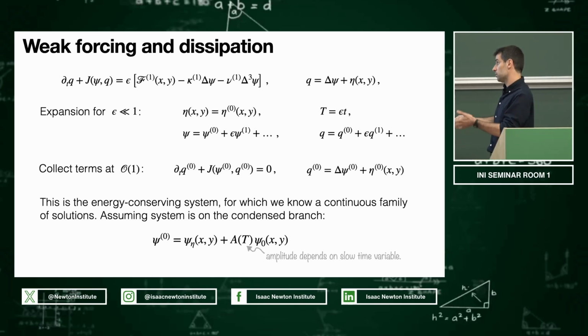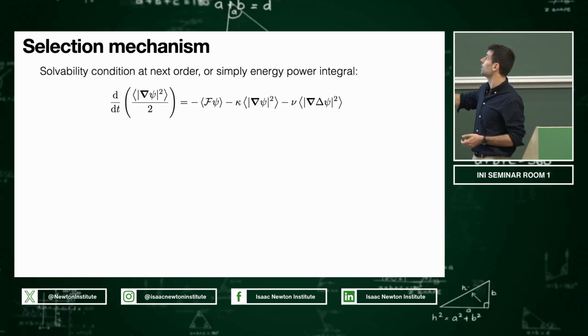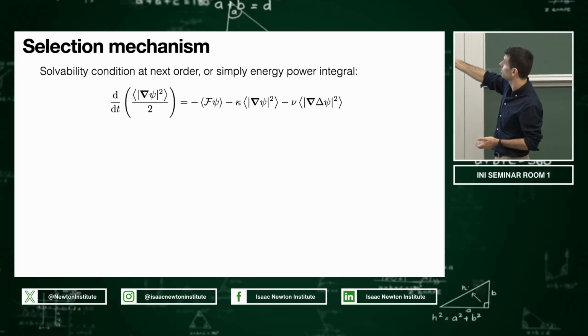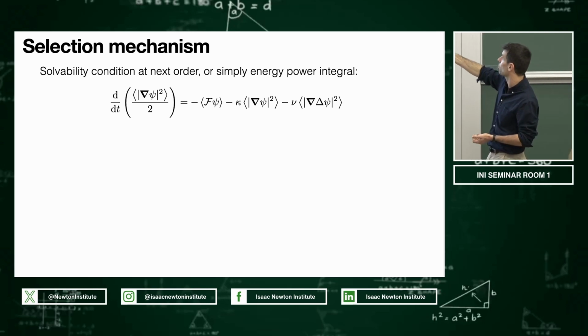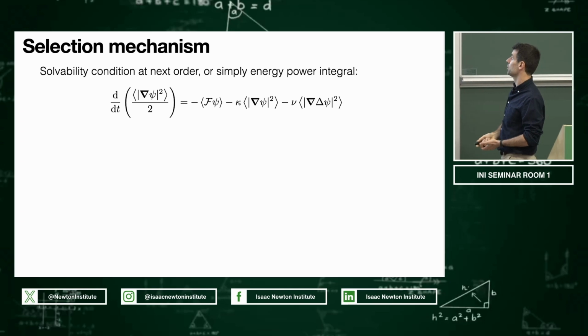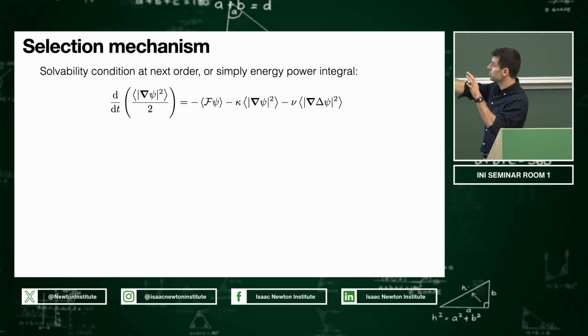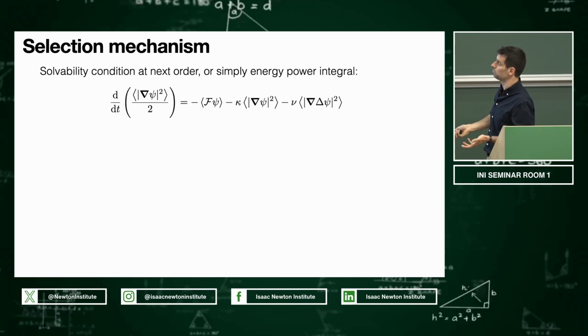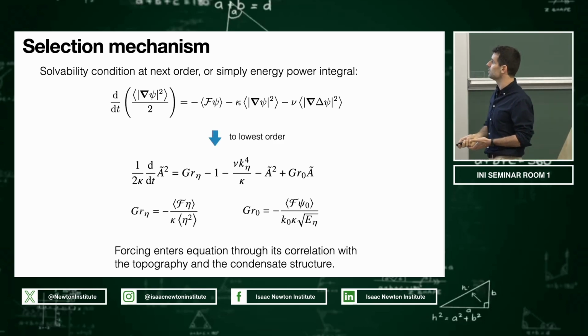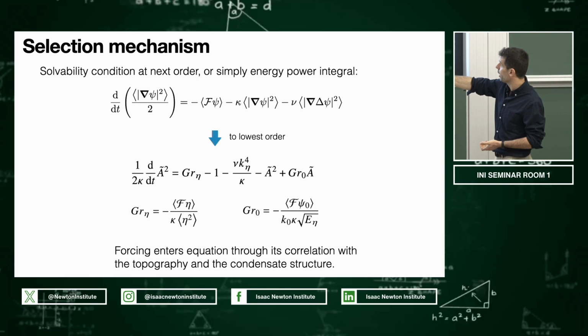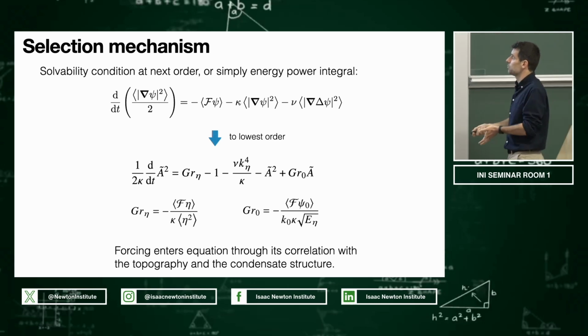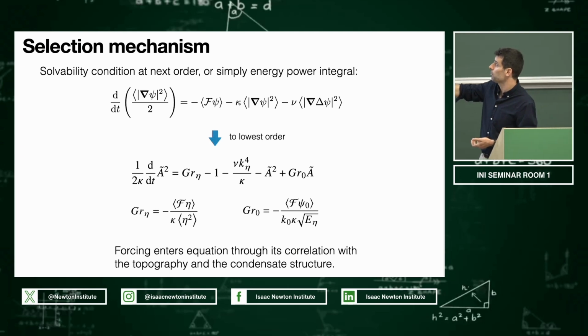You can do that, but I think a shortcut is just to write the energy power integral, right? The energy is input by the forcing and dissipated by friction and hyperviscosity, and you just substitute the expressions of these quantities to lowest order. Gives you the same answer, and you get an evolution equation for the amplitude of the condensate, which, to some extent, is reminiscent of a normal form for the amplitude of the condensate.